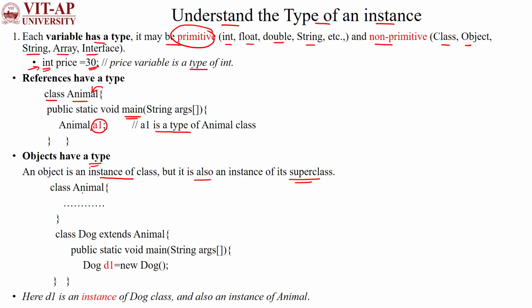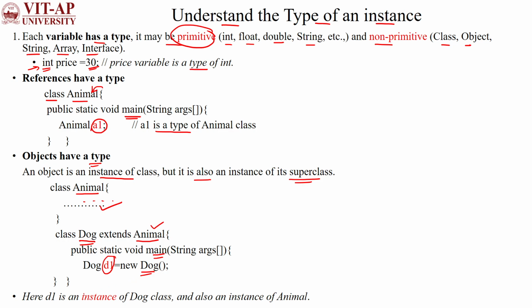Here, for example, Animal is a class. Inside the Animal class we can have a set of statements. Then we define the child class as an extension of the parent class Animal. Inside the Dog subclass, we define the main method. Then we create the object with respect to the child class Dog.